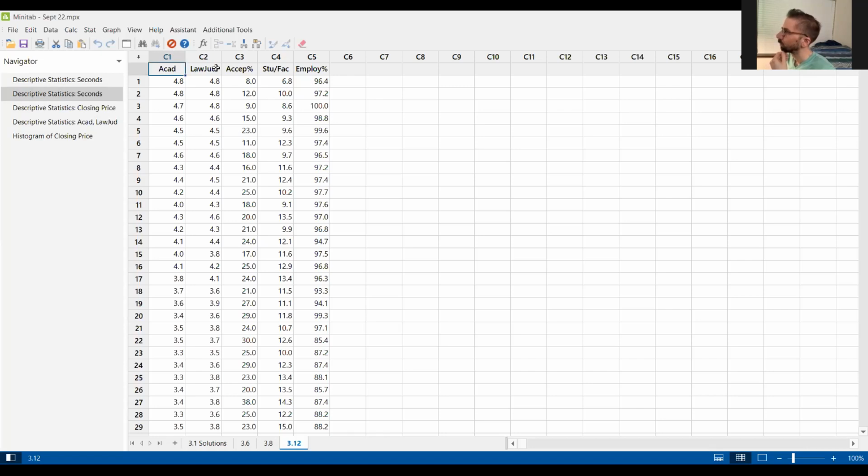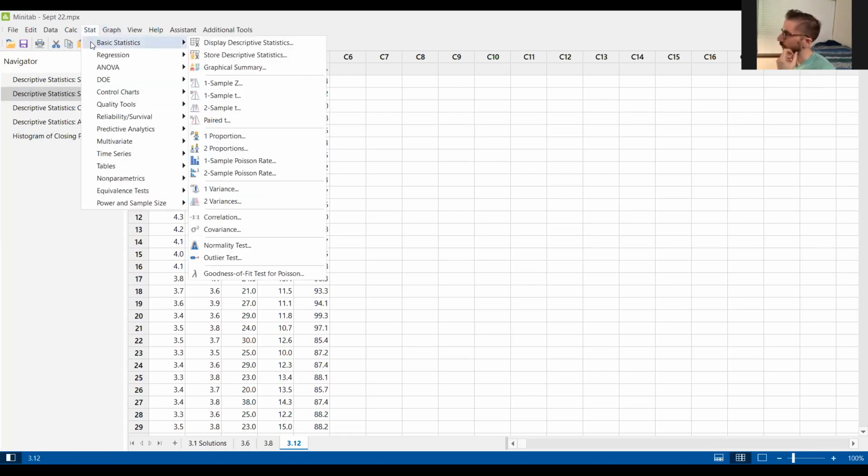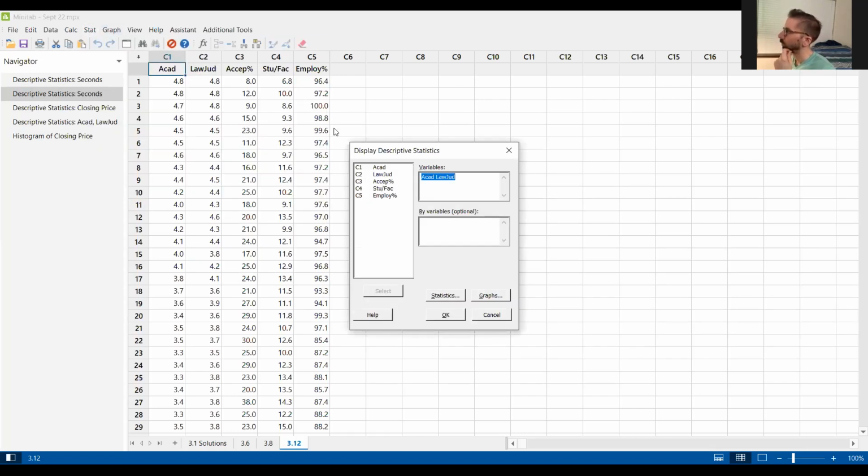So again, mean and median, that's all we're going to be looking at. And I would also do skewness. They don't mention that here, but I would definitely check that. So again, I would do basic statistics, and I would do one for each one of these.